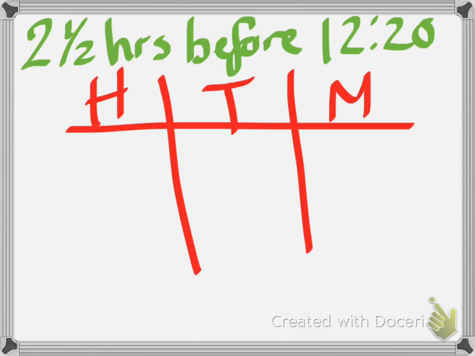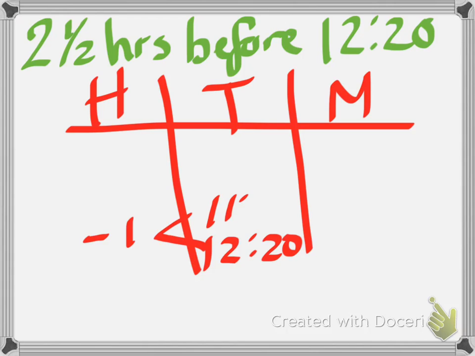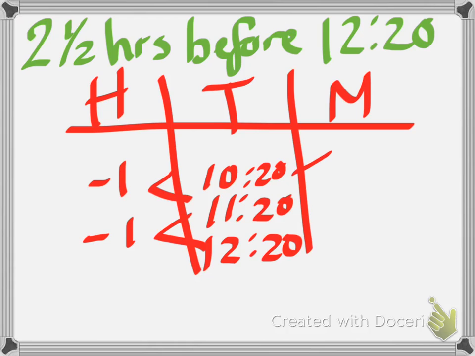And our finish time is 12:20. And we need to go work backwards 2.5 hours. So here we need to take away 1 hour. And that would be 11:20. We need to take away another hour, which would give us 10:20. Now we need to take away 30 minutes because we're taking away a half an hour.